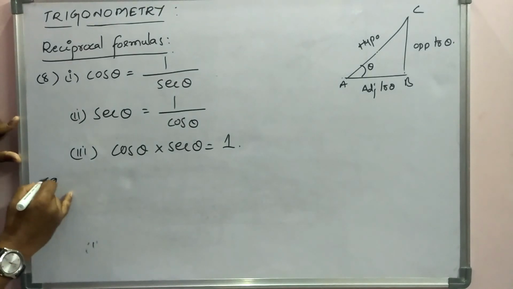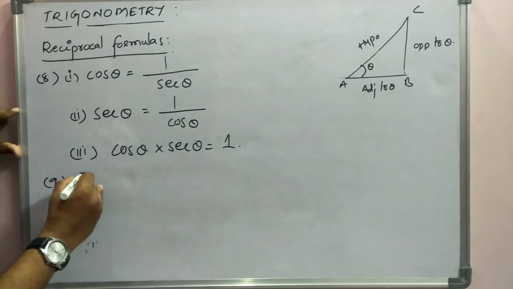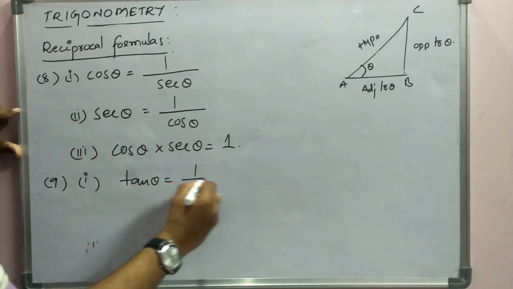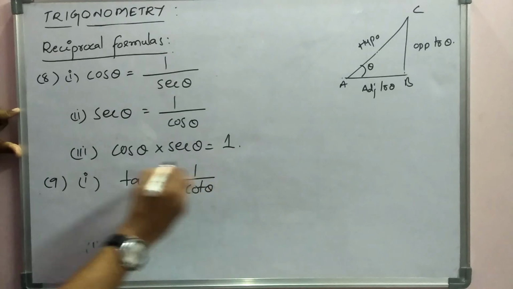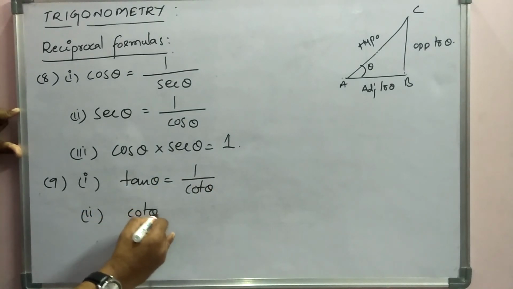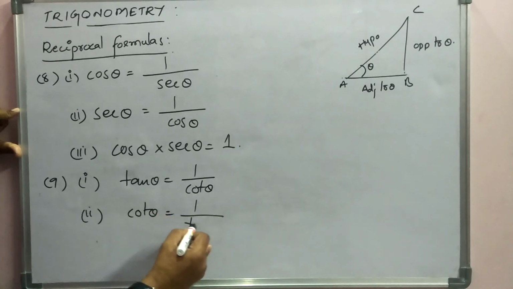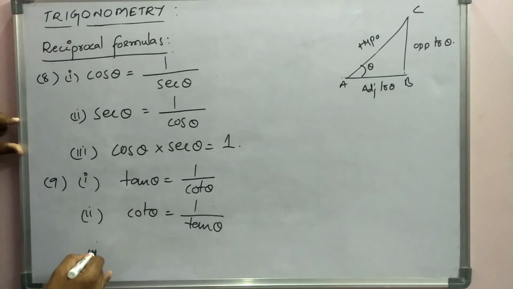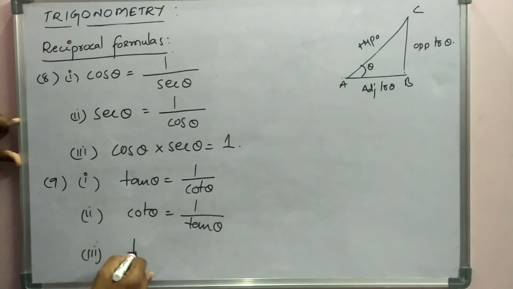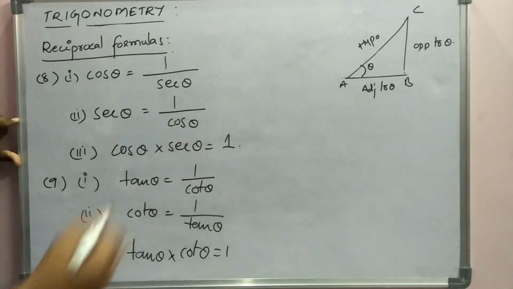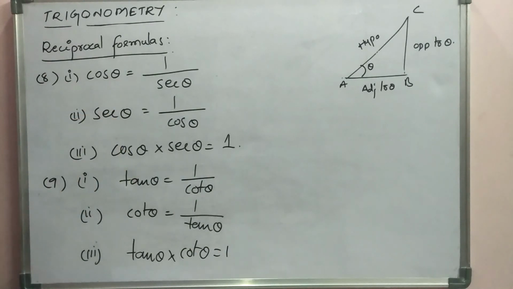And one more reciprocal formula: tan theta is the reciprocal of cot theta. Similarly, cot theta is the reciprocal of tan theta. Therefore, tan theta into cot theta is equal to 1. So these are the reciprocal formulas.